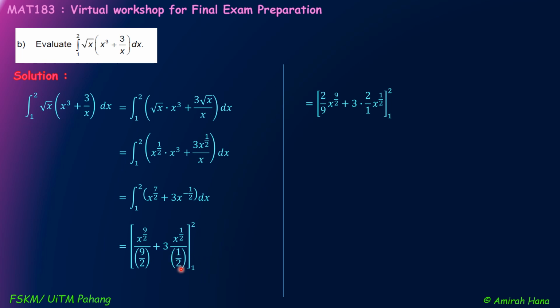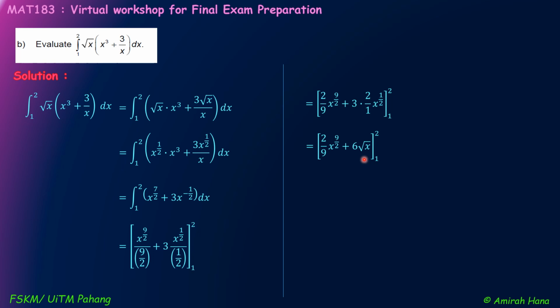We exchange the numerator and denominator here. And then x to the power of half. From here we simplify, so we get 2 over 9 x to the power of 9 over 2 plus 3 times 2 equals 6, and then x to the power of half means square root of x.